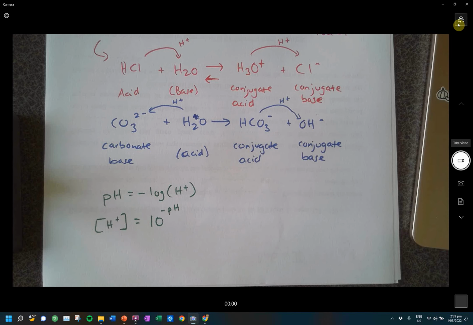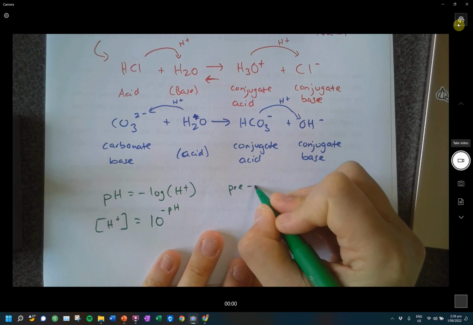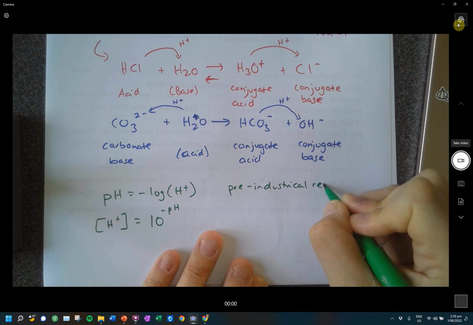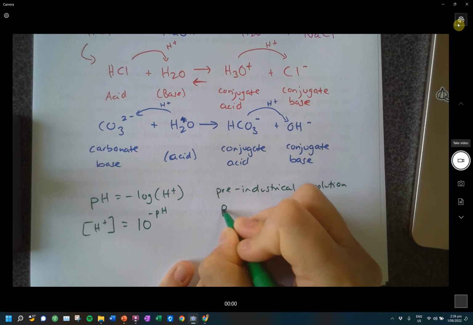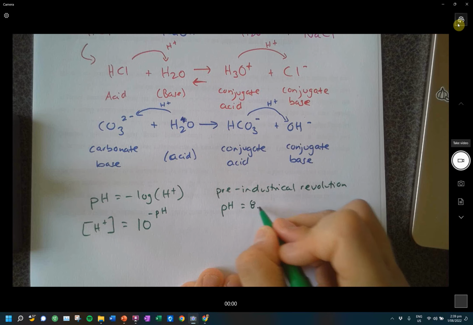One of the other things to keep in mind is how the pH of our oceans has changed over time. Before the Industrial Revolution, does anyone know what our pH was? Our pH was roughly 8.2.